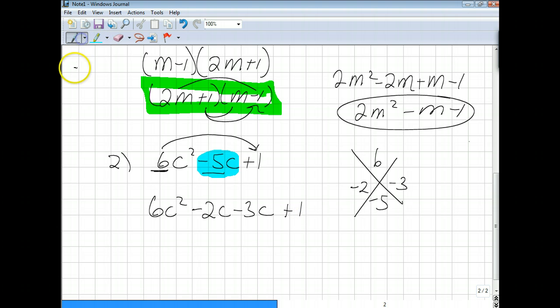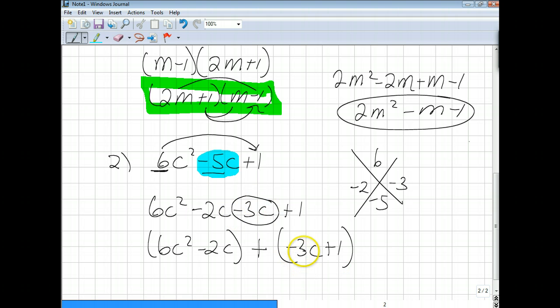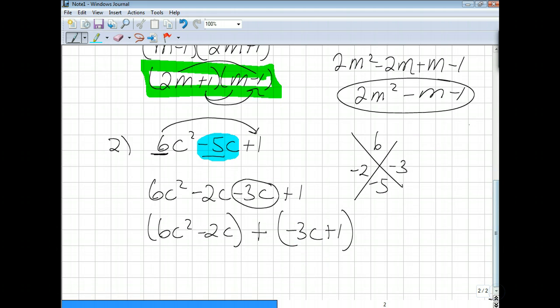Now we group. So I put 6c squared minus 2c in one parenthesis, plus, in the other parenthesis I put negative 3c plus 1. Notice that I kept the sign that was in front of the 3 with the 3. Okay?